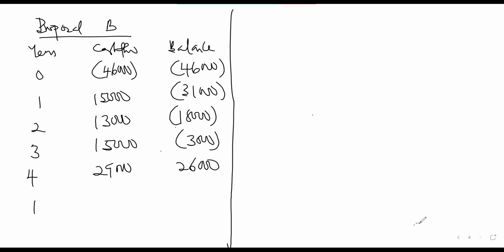Yes, sir. Let's find the payback period. So you can see that we have already done 3 years before the project pays back. The project pays back somewhere in what? In year 4. So we do 3,000 over 29,000 times 12. What are we getting? 1.24.